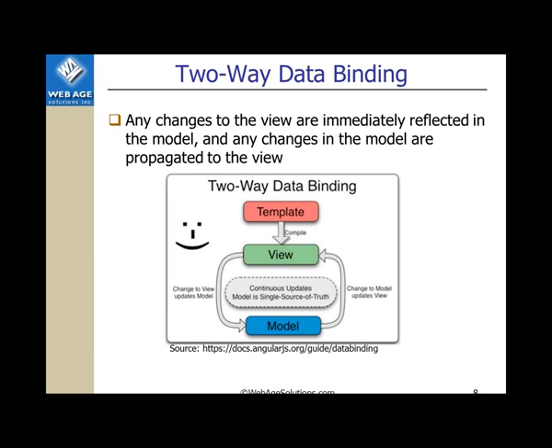Compilation is about building the corresponding DOM-based structure and building objects on the JavaScript virtual machine heap. And we've got the view and model tied together, where any changes in the view are reflected in the model, and any changes in the model are reflected in the view.